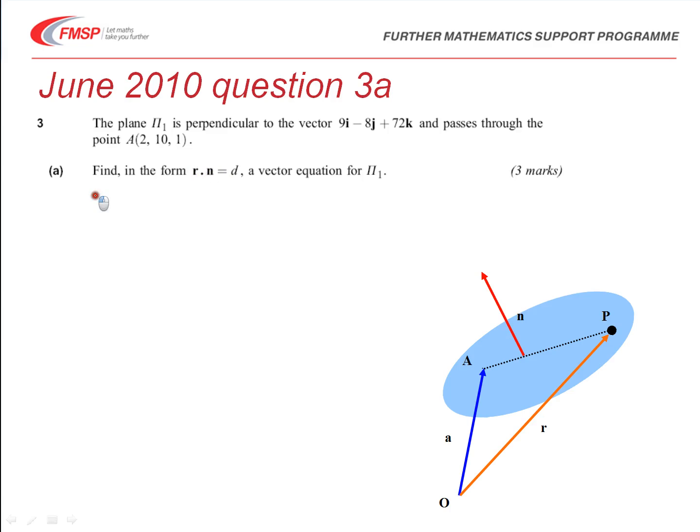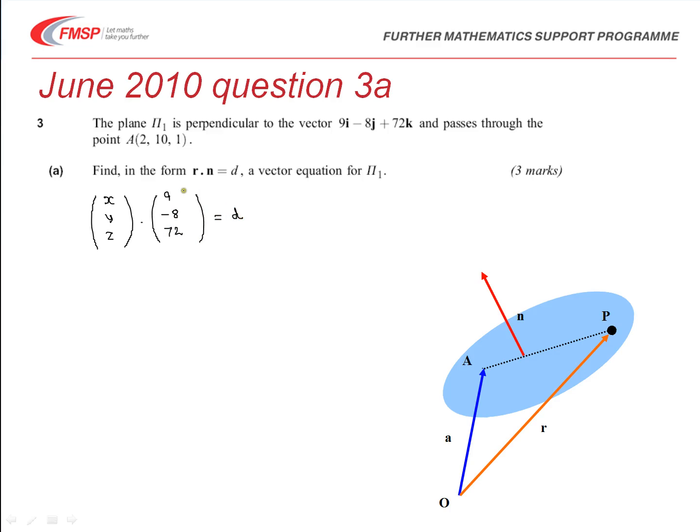So r we know is any point on the line for its position vector, which is going to be x, y, z. And so when that is dotted with the normal, which is 9, negative 8, 72, that must equal some value d.